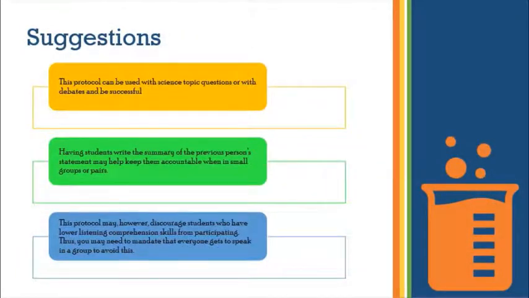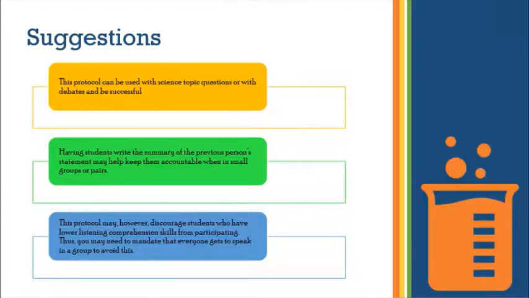There are also classroom tips on when, why, and where you should use the Paraphrase Passport. First of all, this Paraphrase Passport is good when it's used with science topic questions or with debate questions. Having students write the summary of the previous person's statement may help keep them accountable when in small groups or pairs.